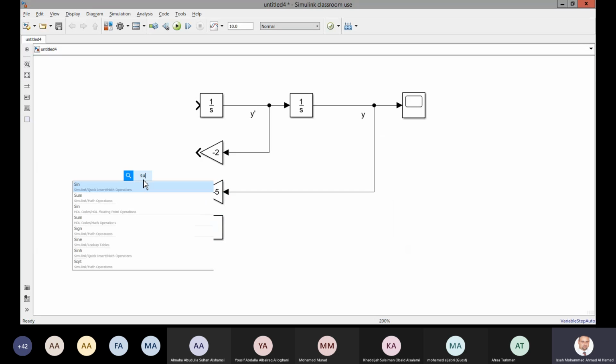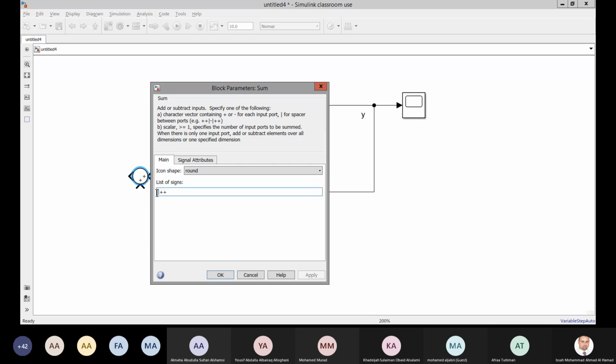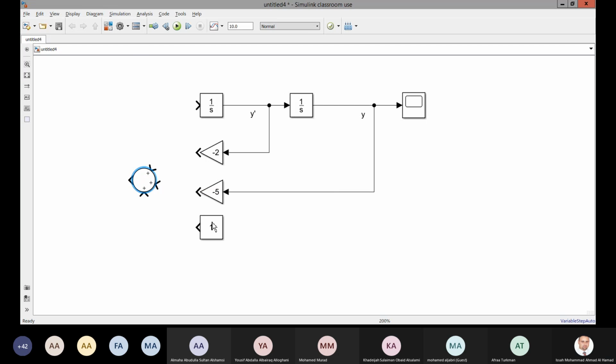Now I need to add them together, summation. I can flip this as well. I can add another sign. I can connect this one here, and this one here, and this one here. Then I can connect this one.